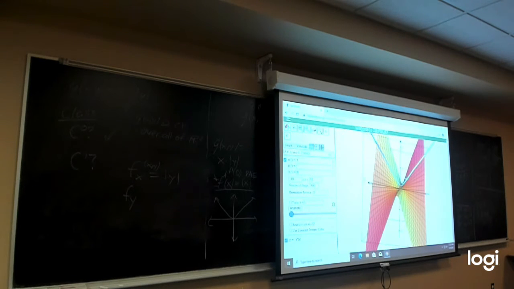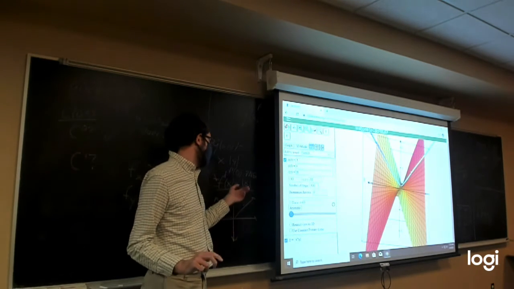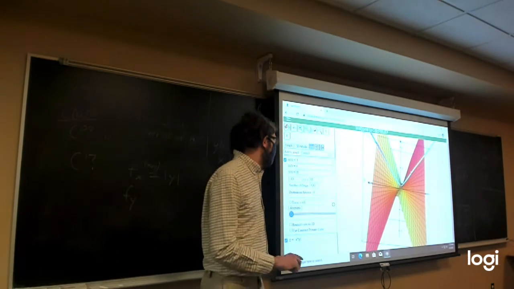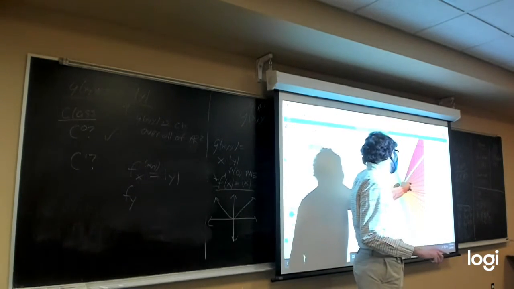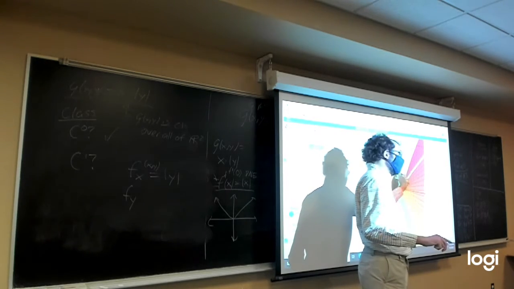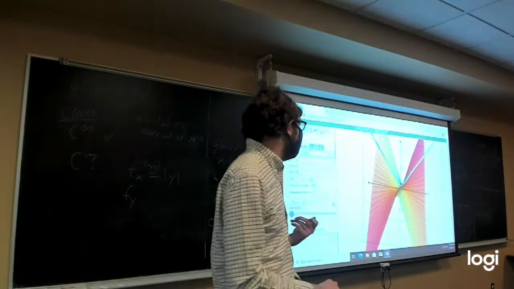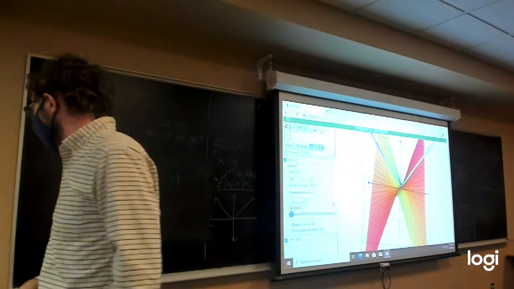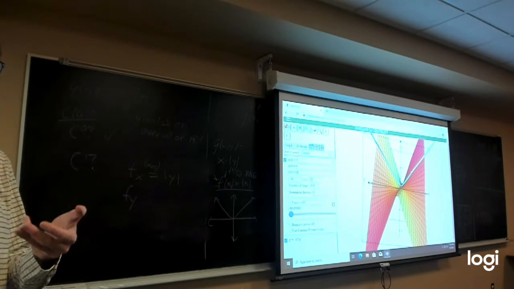That's going to be a point where our partial derivative with respect to y is going to be undefined, for pretty much the same reason why the absolute value of x function has an undefined slope at x equals 0. It's because there's this V shape, where the slope going to the left versus the slope going to the right at that point, x equals 1, y equals 0, are not going to be the same. So let's see if we can actually go through and prove that algebraically rather than just looking at a graph.